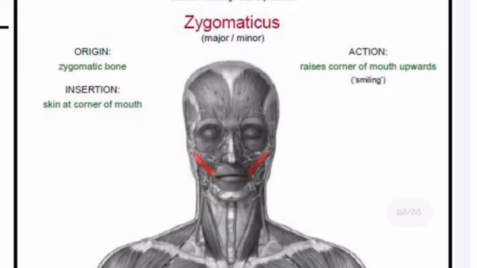Next is zygomaticus here, the action is to raise the corner of the mouth upward. The next is the risorius muscle here, and the action is to pull the corner of the lips laterally. The next is levator labii superioris muscle here.